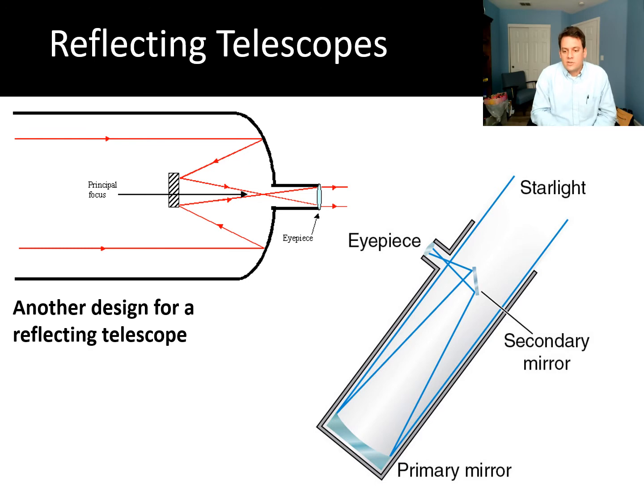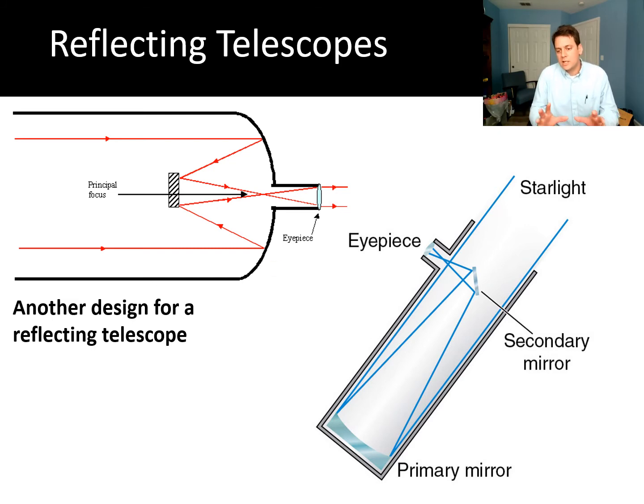And there are other designs. If you were really excited about the detailed design aspects of telescopes, there's a whole lot of stuff out there, and you can certainly get into that. We're not going to study that in a whole lot of detail here, but the point is that there are different options. In this case, the primary mirror is again at the back of the tube, but then it reflects to a secondary mirror, here in the middle, and that reflects it back towards the eyepiece again.